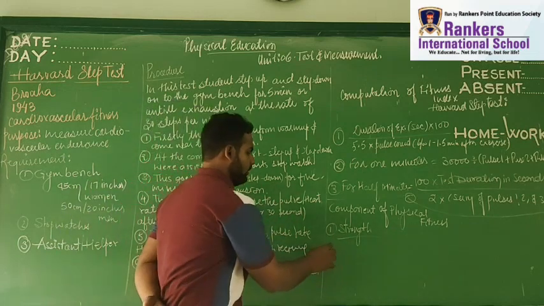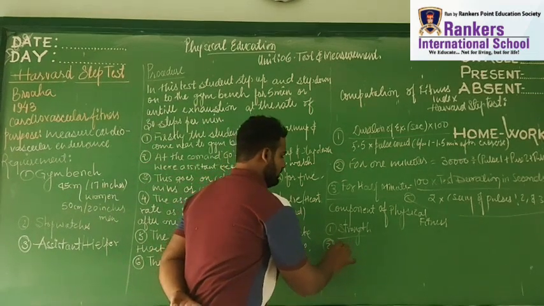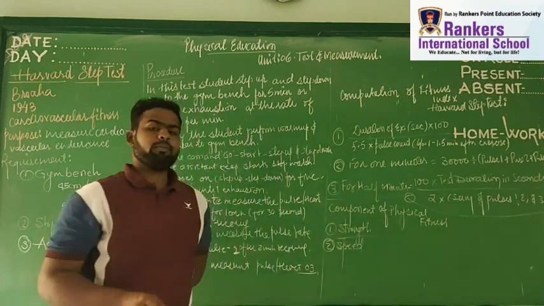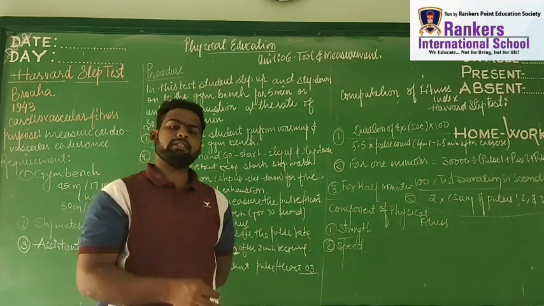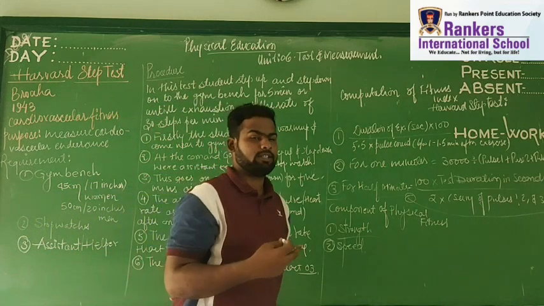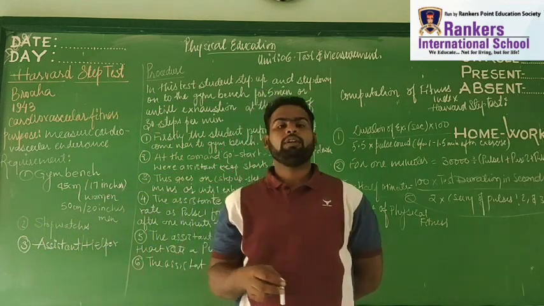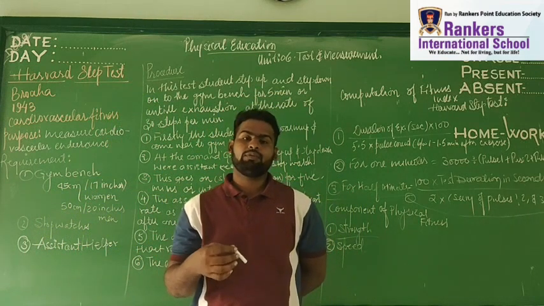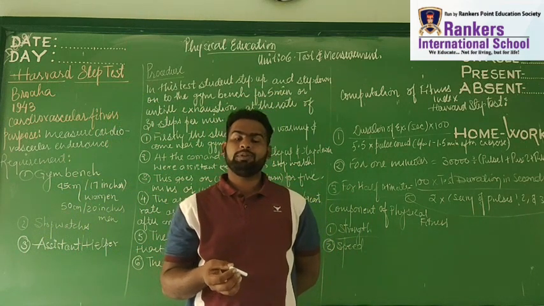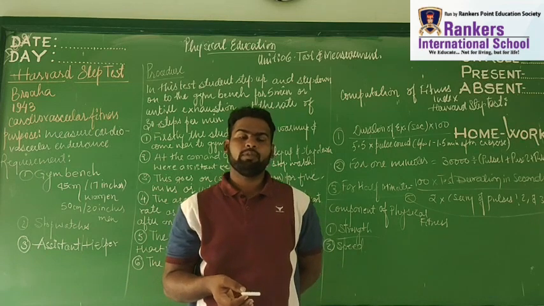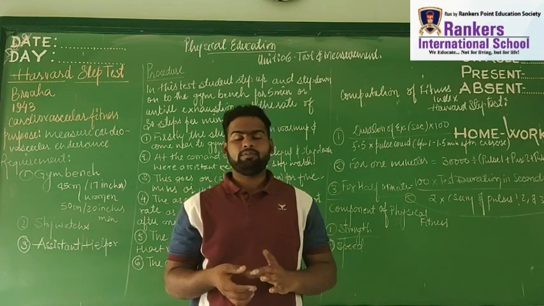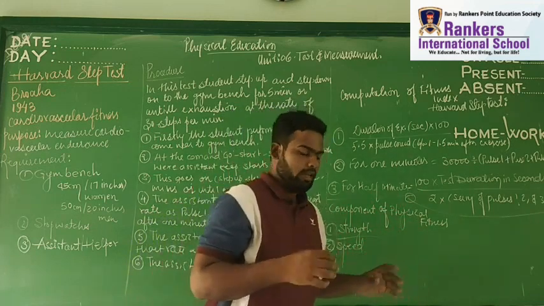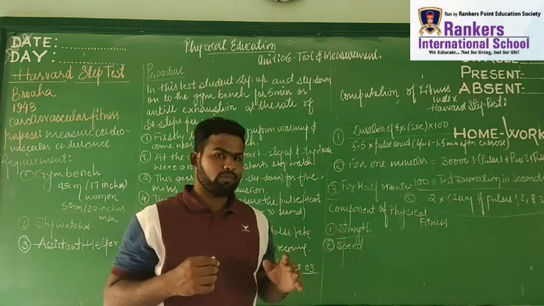Let's talk about the second one, which is speed. Speed is basically to perform a movement as fast as possible. It includes the speed of movement and reaction time. Let's say this is my starting position for a 50-meter run.